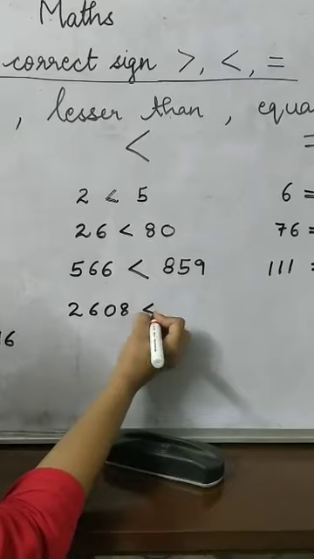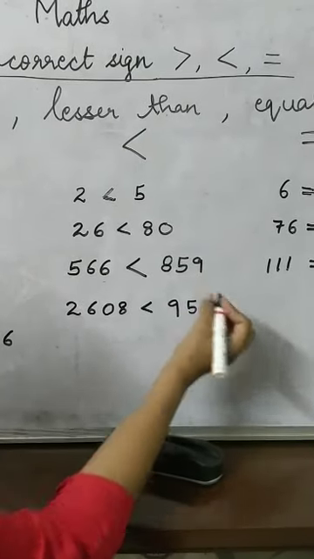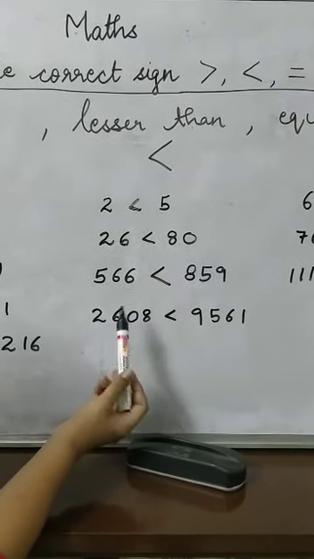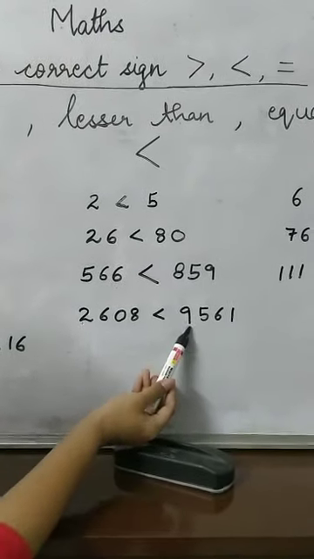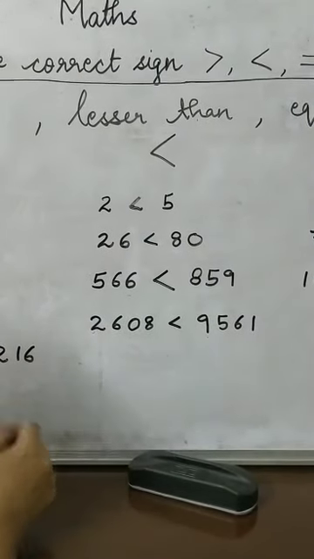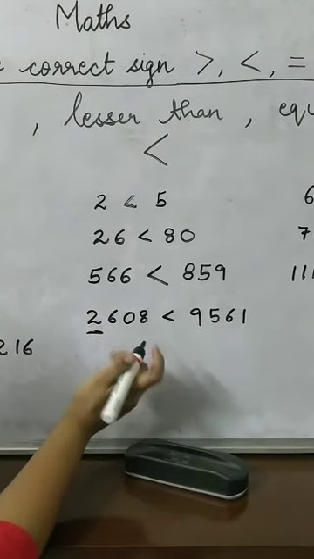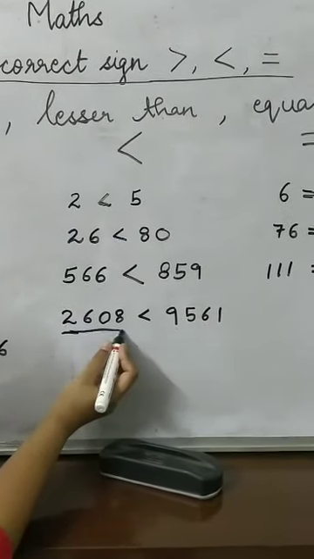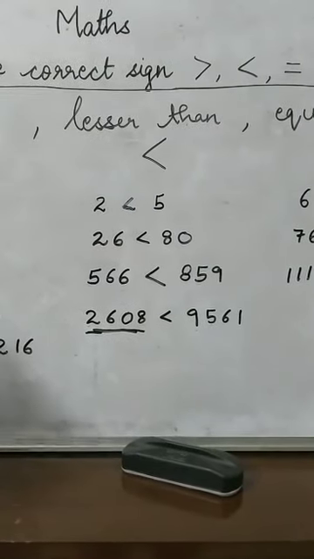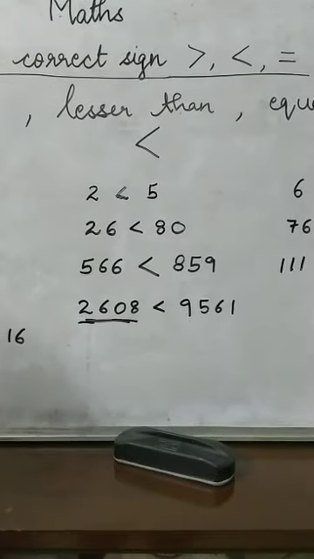Now another for lesser than 4-digit number: 2,608 is lesser than 9,561. See the thousands digit here is 2, and here it is 9. So which one is smaller, 2 or 9? Yes, it is 2. Then this whole number 2,608 will become smaller than or lesser than 9,561.